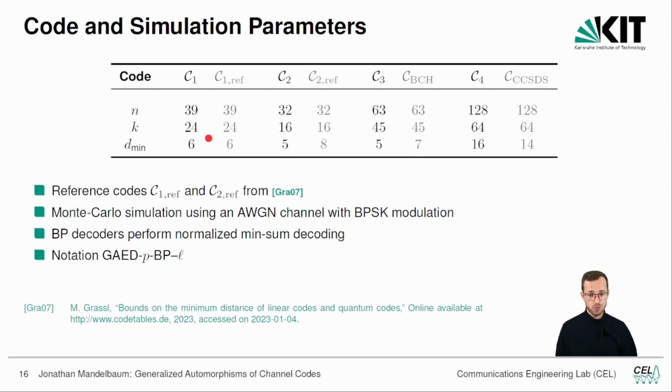To assess the performance, we perform Monte Carlo simulation using an AWGN channel with BPSK modulation, and all BP decoders perform normalized min-sum decoding. Also, I want to highlight the notation GAED P BPL. P denotes the number of paths the ensemble decoder possesses, and L denotes the maximum number of iterations each BP decoder in the path is allowed to perform.